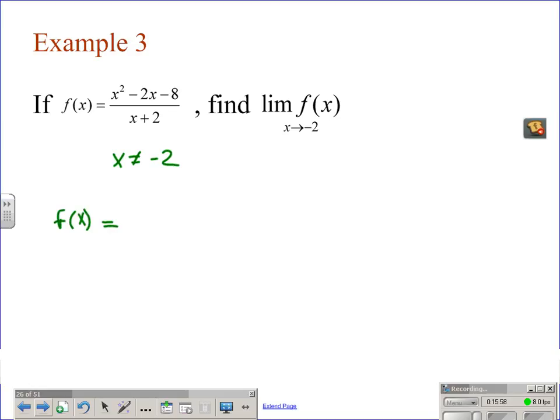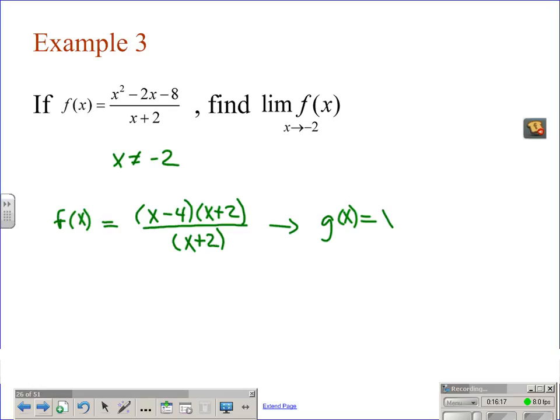We know that the numerator of f of x can be factored as x minus 4 times x plus 2, and you've got x plus 2 here, which means that f of x is going to have the same behavior as g of x, which would be equal to x minus 4, for all values except where x is equal to negative 2.